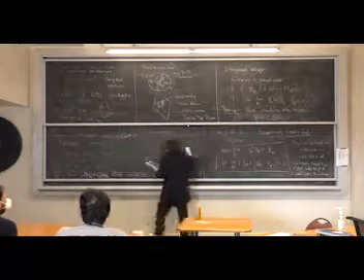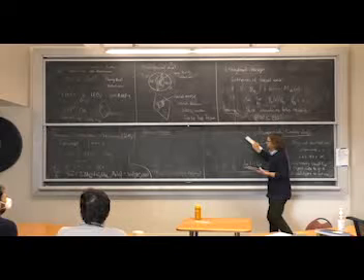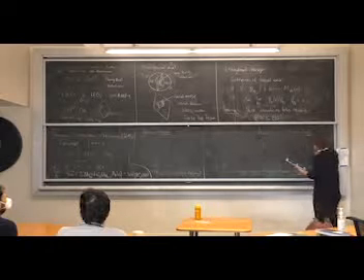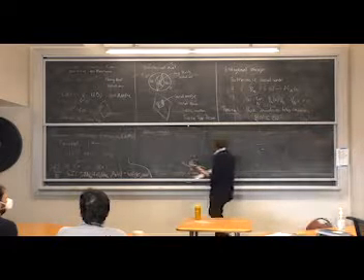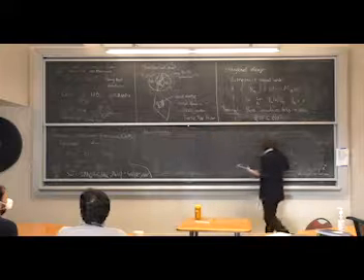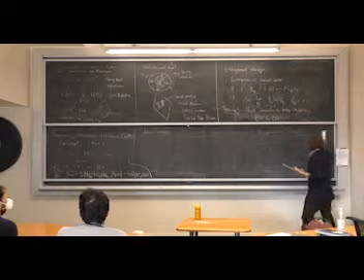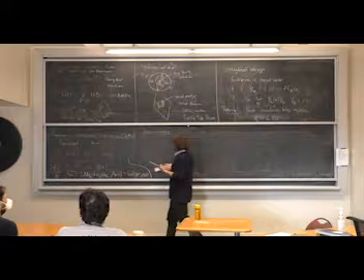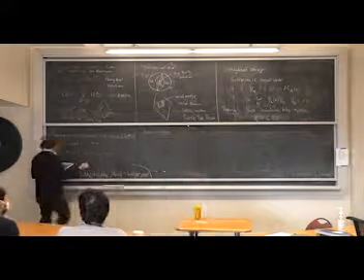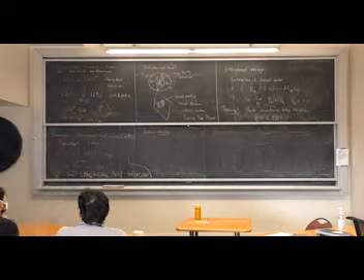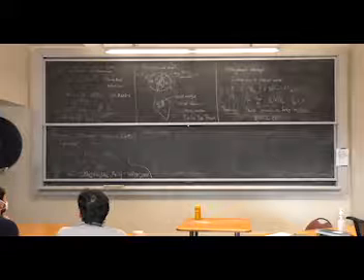Okay, so the first new result is that there's an equivalence. There are two paradigms for doing bulk reconstruction that have been put forward. There's the quantum error correction approach, which Jeff has pioneered a lot of.